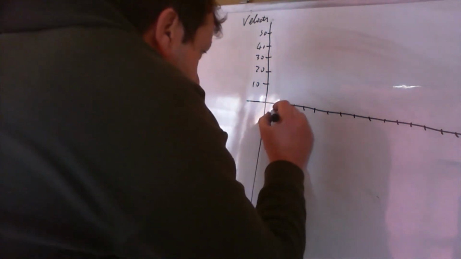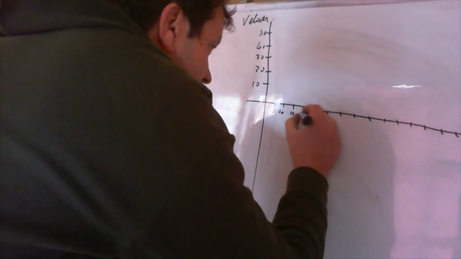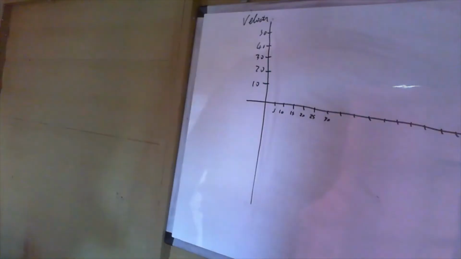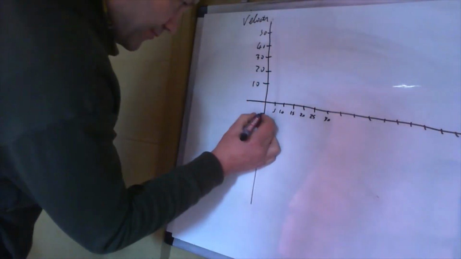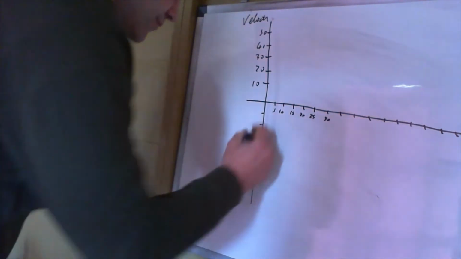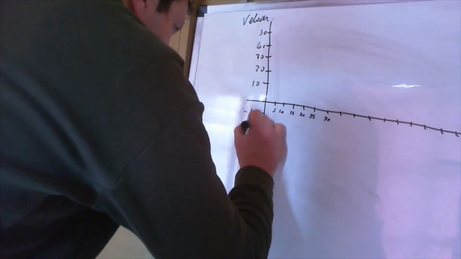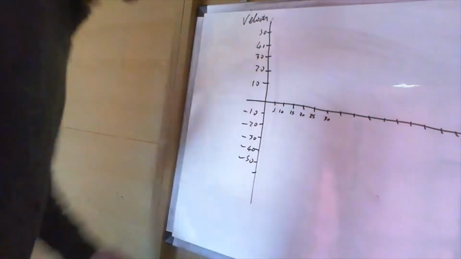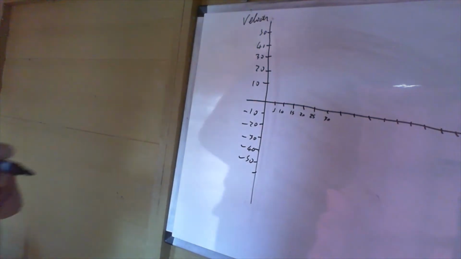Right, let's say 5, 10, 15, 20, 25, 30. And here you'll notice that this is minus 10, minus 20, minus 30, minus 40, minus 50 in that direction.